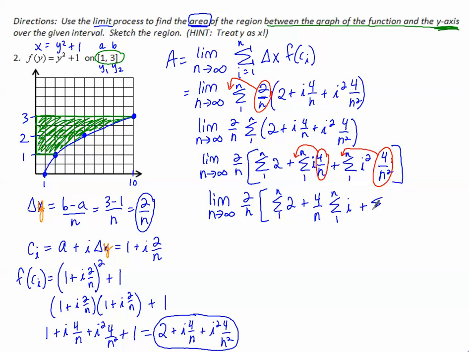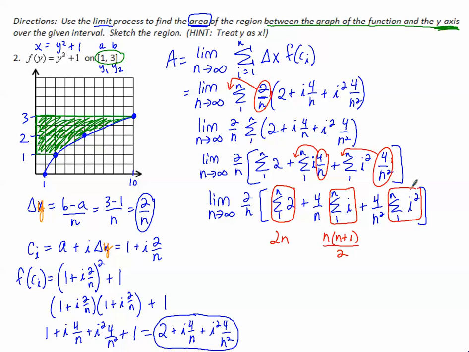Now for this one, we've got our formula: 2 times the upper limit. For the sum of i, that becomes n times n plus 1 over 2, and then the sum of i squared that we used in the previous example, n times n plus 1 times 2n plus 1 over 6. Let's not forget all the other stuff that's around it, but we've successfully gotten rid of the summations, so that's helpful.